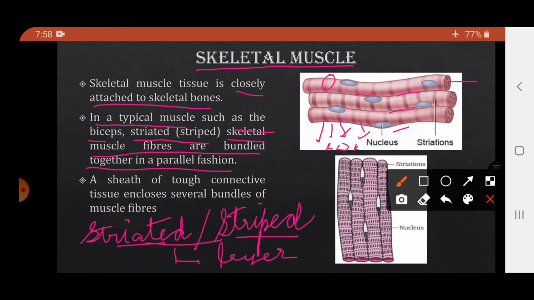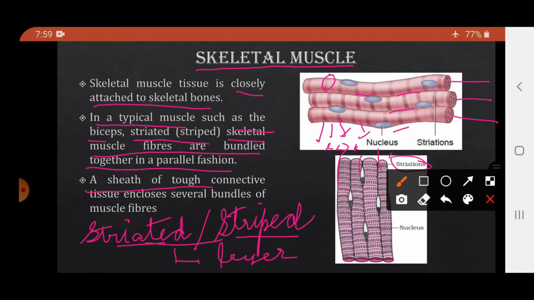And ये bundles कैसे arranged हैं? See students, the bundles are arranged in the parallel fashion. These are bundles arranged in the parallel fashion. अभी उसके अंदर dark region है, light region है, dark region है, light region है, जिसकी वजह से अपने को लगता है there are striations, there are layers, and therefore this muscle is also called the striated muscles.